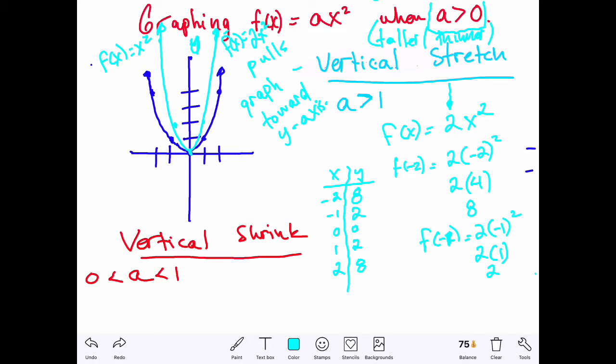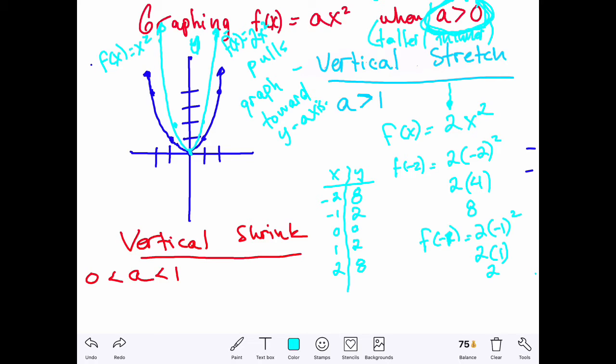Remember that both of these graphs we're going to show have this definition up here of a is greater than 0 that I'm circling here. But the one we just looked at was a greater than 1. Now let's look at a between 0 and 1. With a between 0 and 1, we're going to have this idea of vertical shrink.